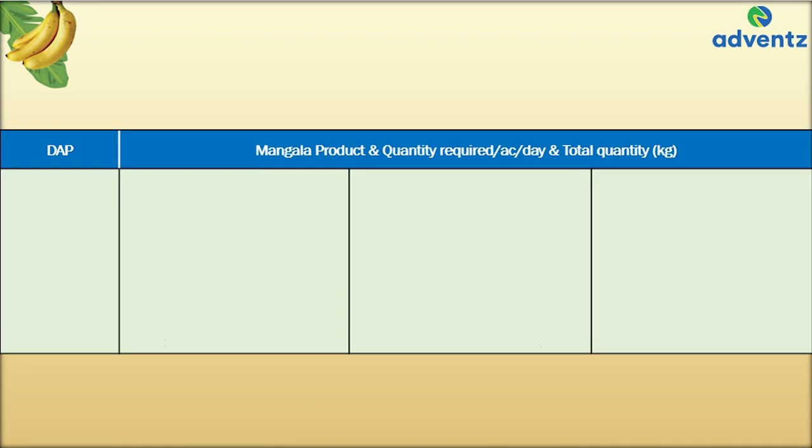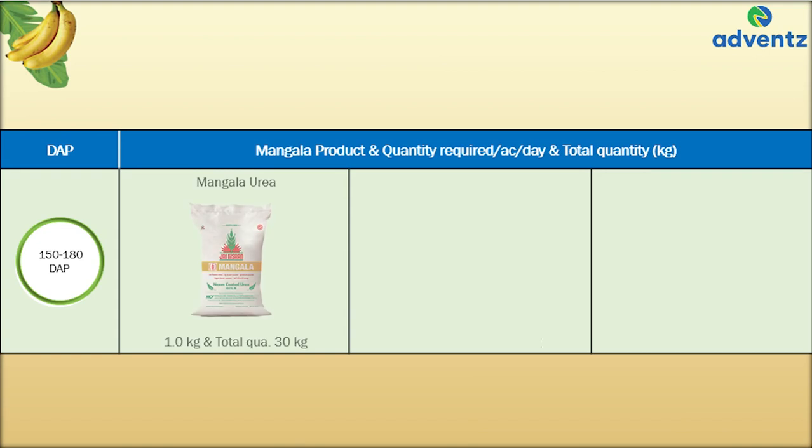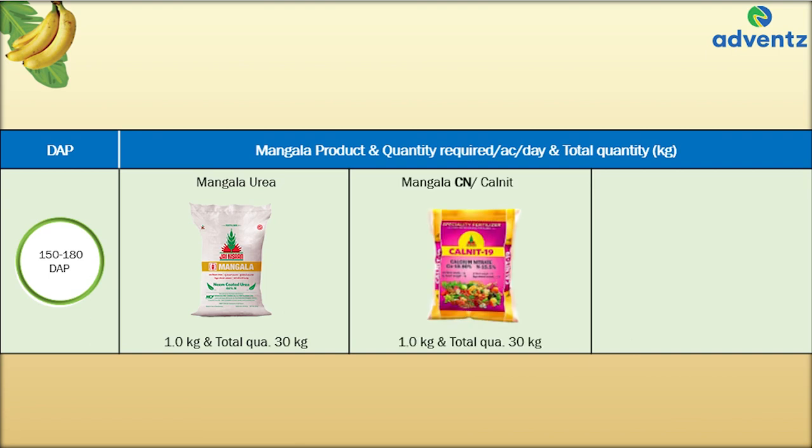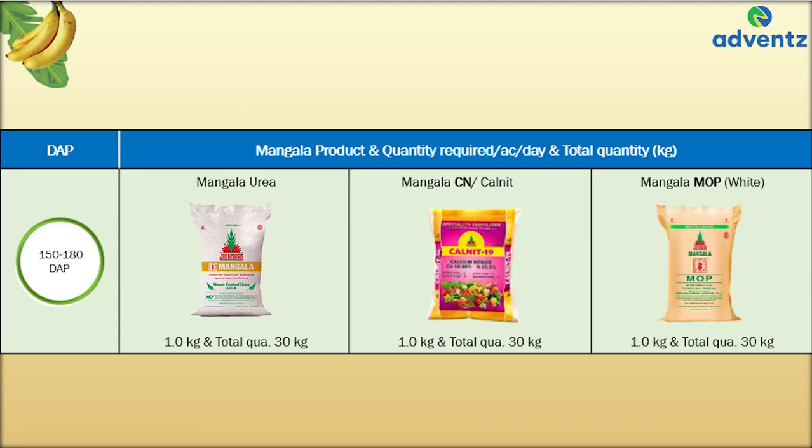The fourth schedule is planned for 150 to 180 days after planting. Fertigation with Mangala Urea at the rate of 1 kg per acre per day, Mangala CN or Calnet at the rate of 1 kg per acre per day, and Mangala MOP white at the rate of 1 kg per acre per day, with a total quantity of 30 kgs for each one for the entire 30-day time period.